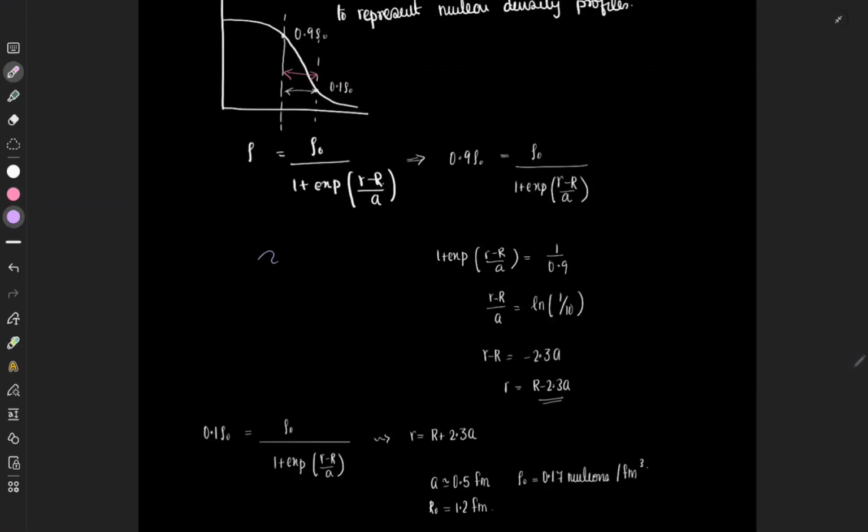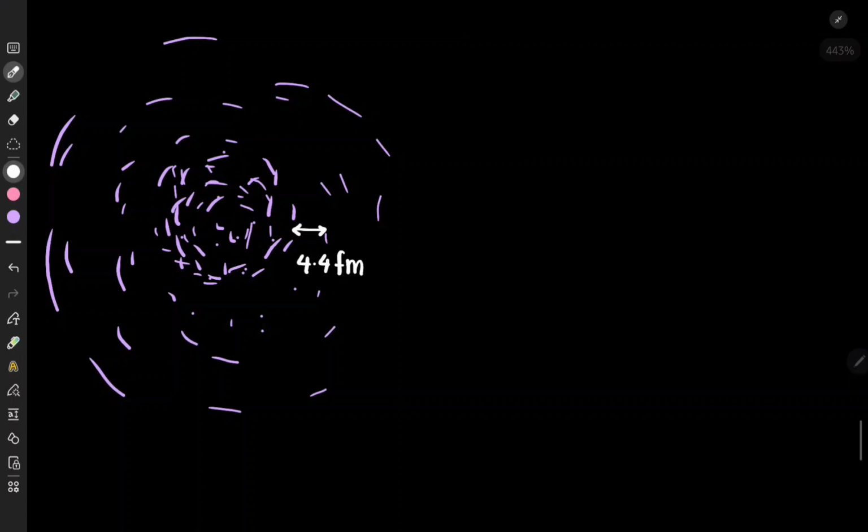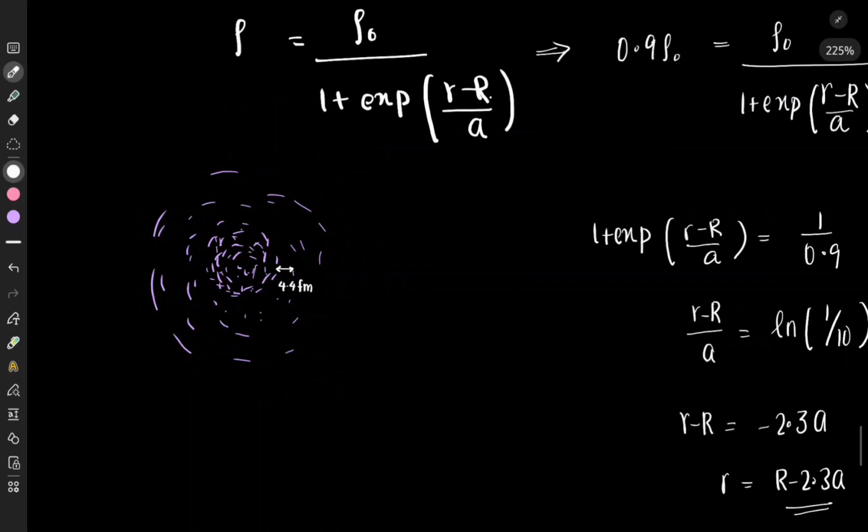What this means is that the central density, as we said, is almost constant for all nuclei, but the boundary can be diffused. So the distance of the steepness from 0.9 to 0.1 is 4.4 fm.